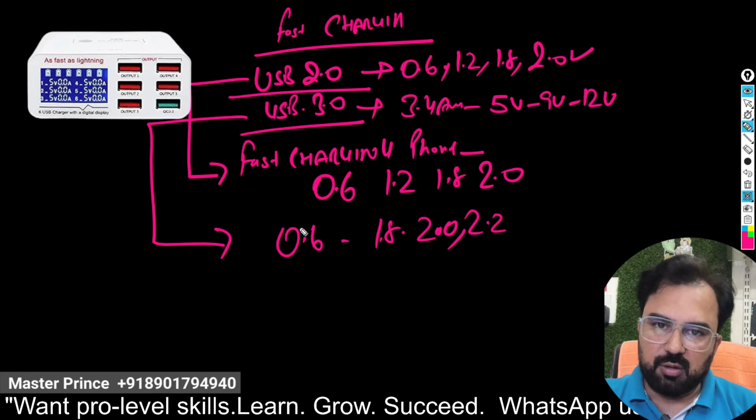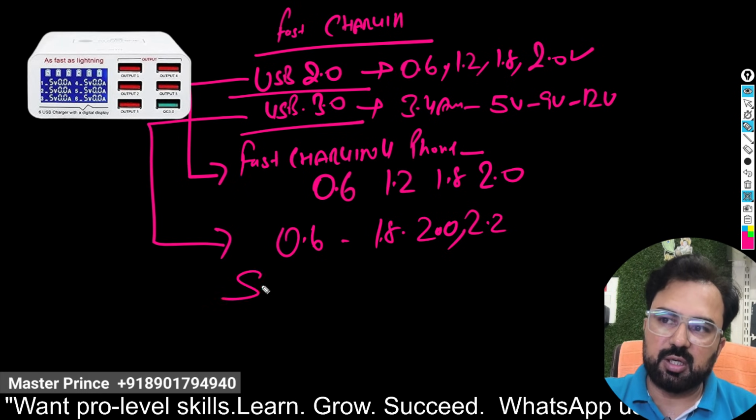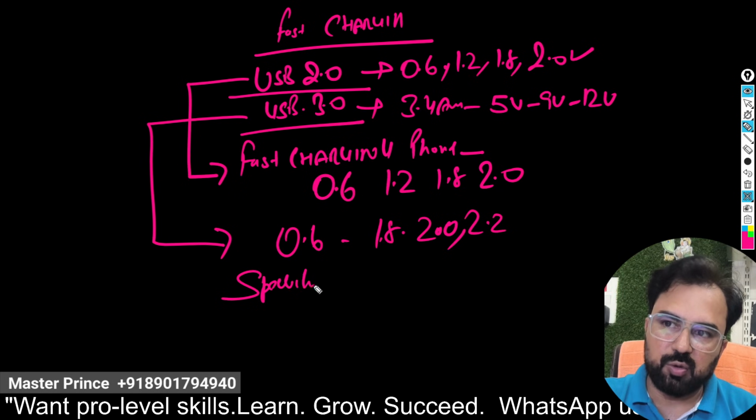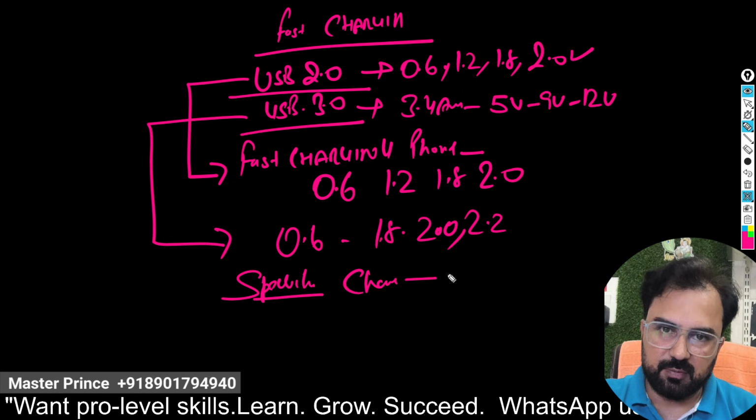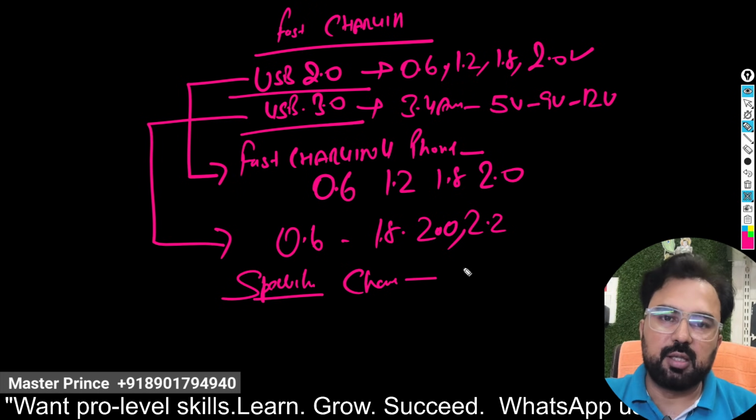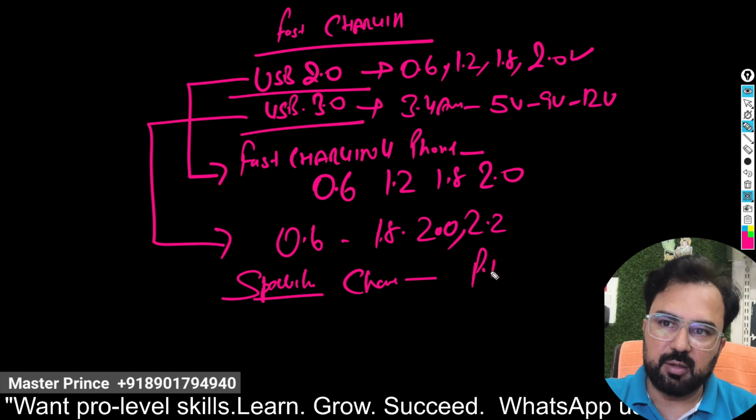Now for the fast charging concept, there is a special circuit in your phone and also in the charger. When you connect a fast charging supported phone with a fast charging charger, they communicate with each other. We call it the PD, power delivery concept.